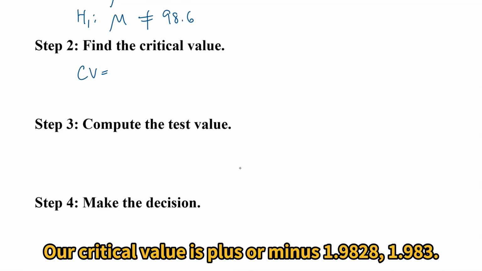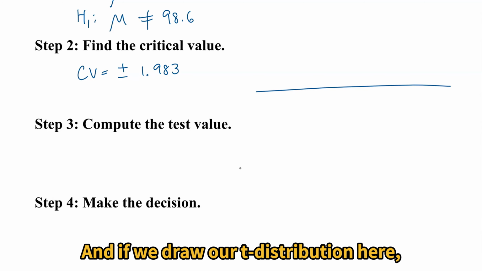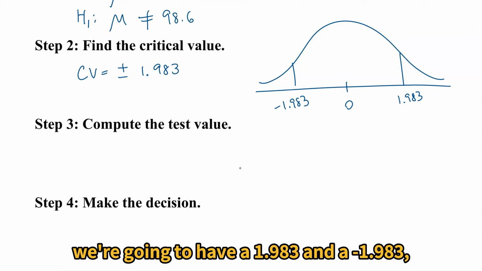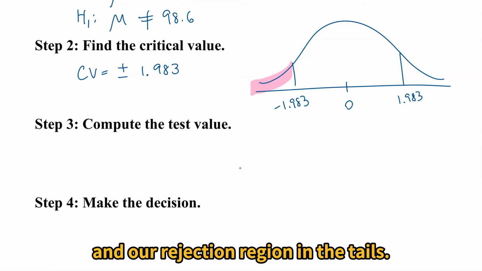Our critical value is plus or minus 1.9828, 1.983. And if we draw our t-distribution here, we're going to have a 1.983 and a negative 1.983, and our rejection region in the tails.